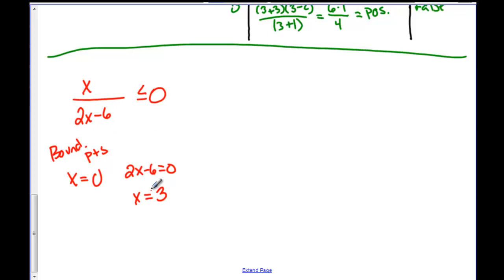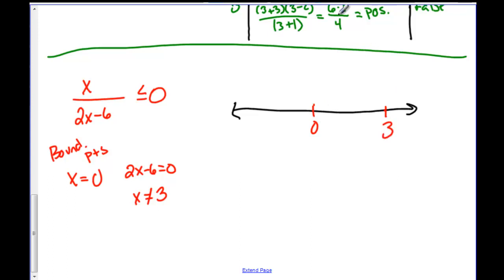So if you want to mark it a little bit better, mark that x isn't ever going to be 3 regardless. And then on your number line, we would have our boundary points at 0 and at 3.